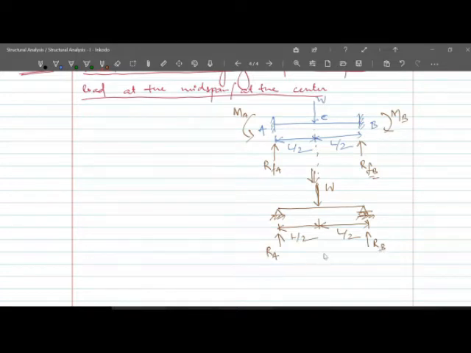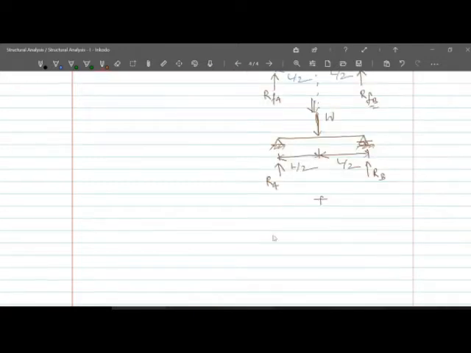Okay, and plus this will be another simply supported beam. So here I have the fixed end moments MA, and here I am considering the fixed end moments as MB. Okay, so here this will be the direction of R.